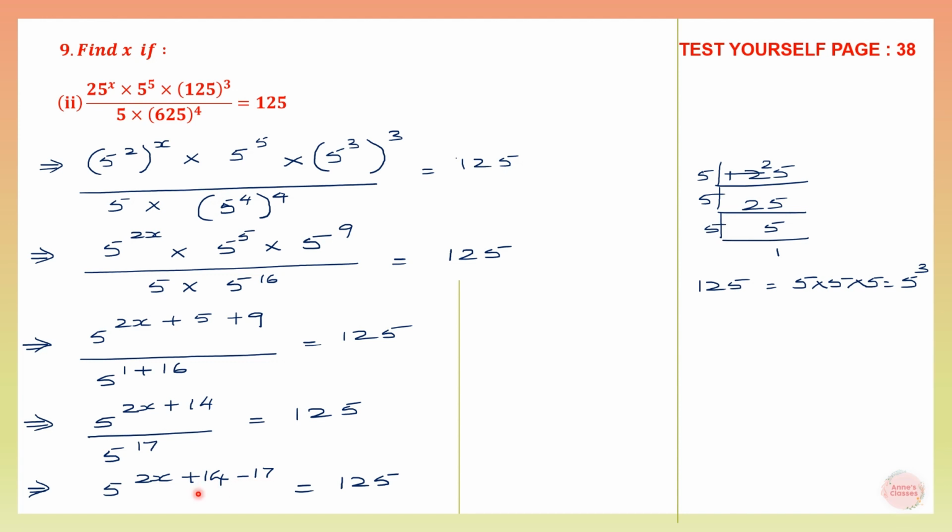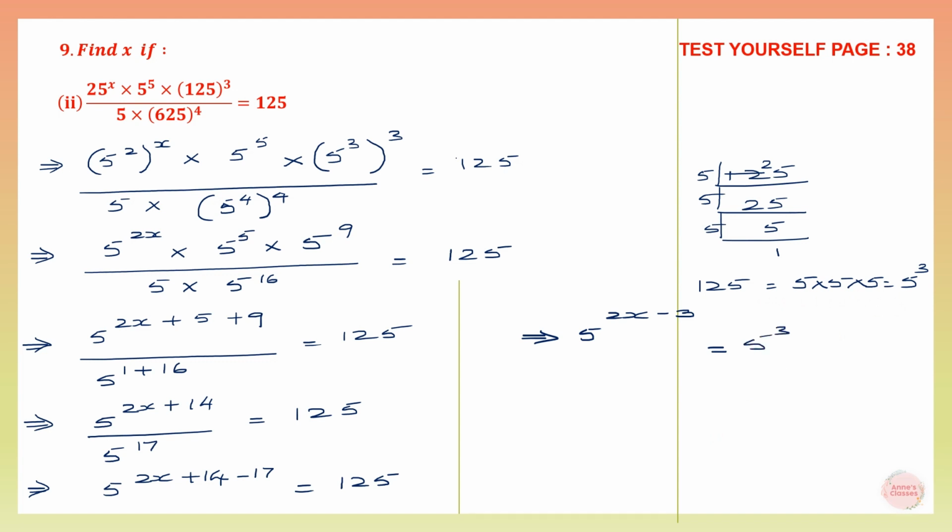That is 17 minus 14, which is 3, minus 3. So this is now going to become 5 raised to the power of 2x minus 3 is equal to, now instead of 125, we are going to write 5 raised to the power of 3. As we got it here, 5 raised to the power of 3.